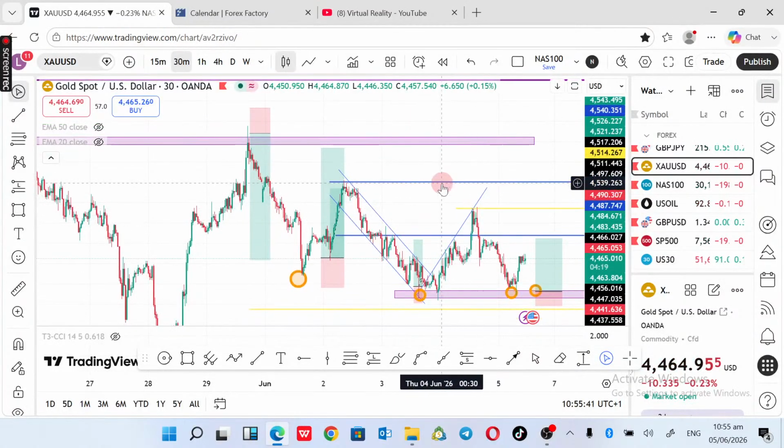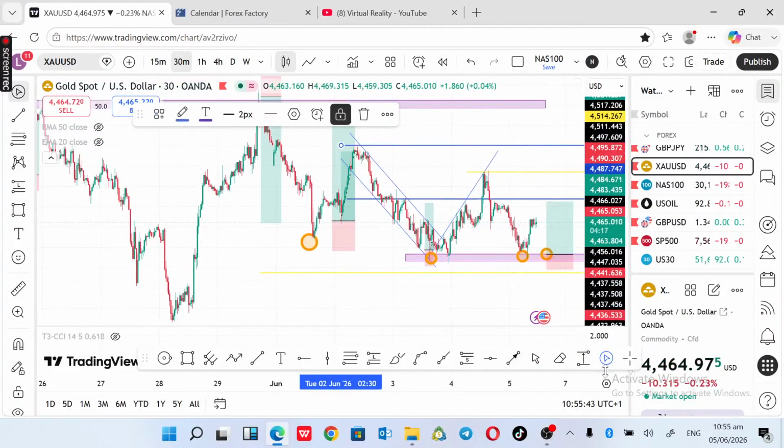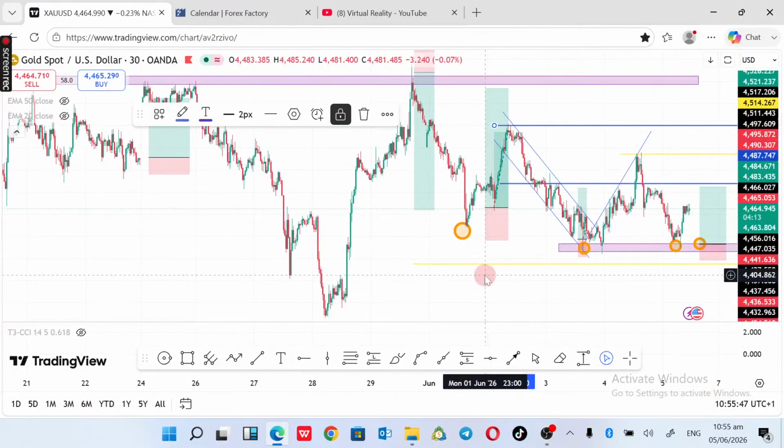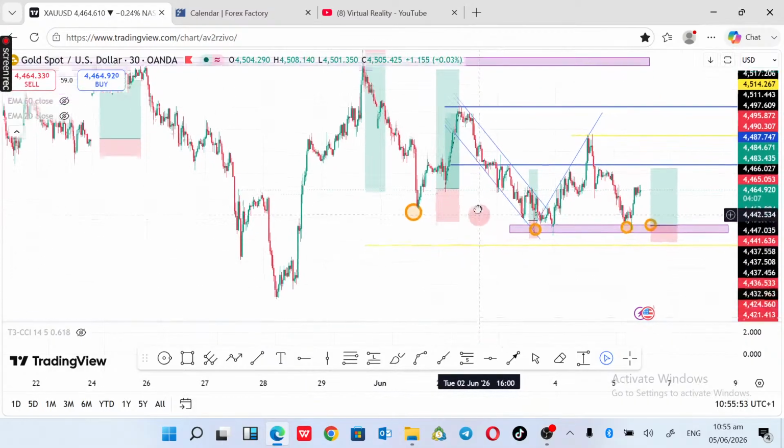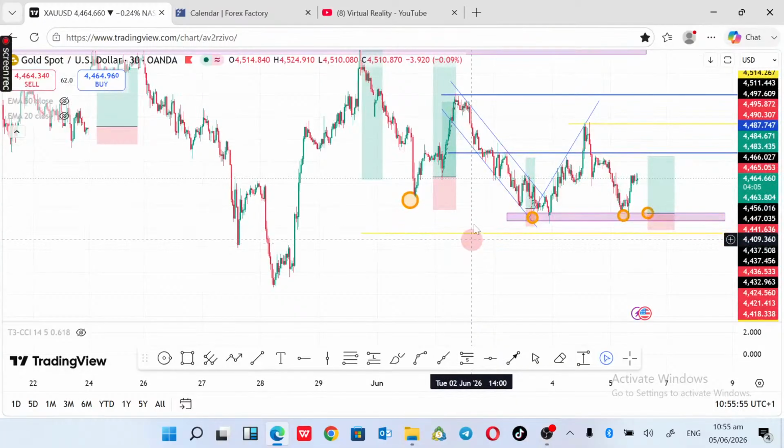Now if you can see our screen clearly, let me have a full screen so that you can have that. This is a full screen, and let's mark our support. We're going to have a support here.